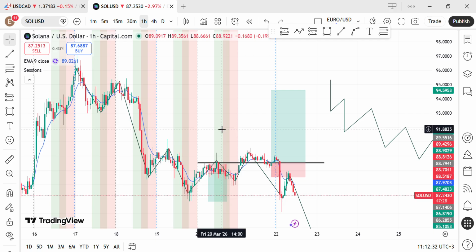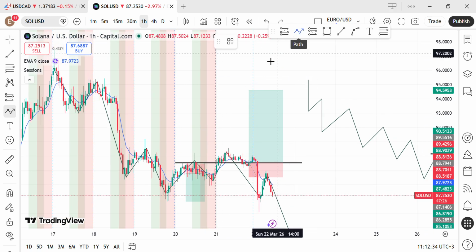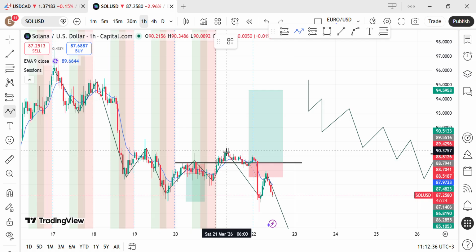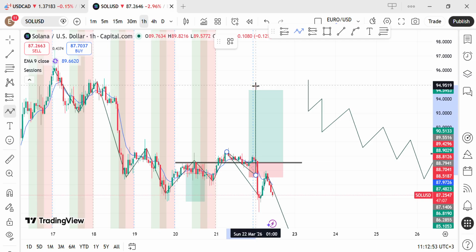So what did I expect? I expected price, since it's made this higher high, this higher low is higher than this, to come back, as long as it doesn't break this level, to come back here at least, then take the trade from here where you can see this long position, and ride it all the way back to this level.